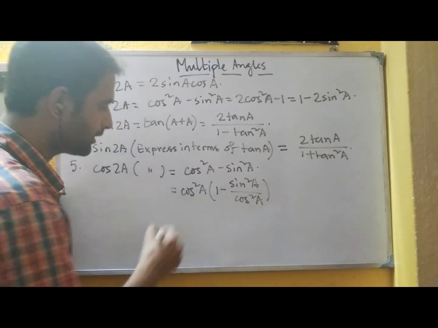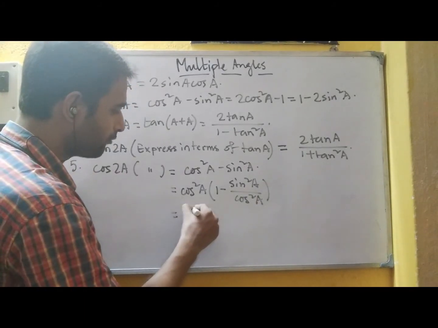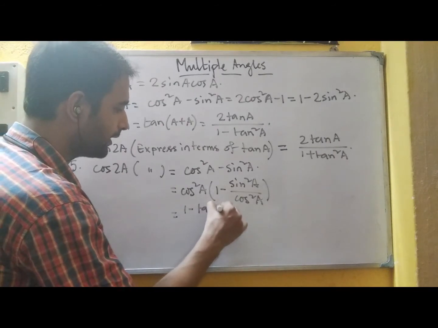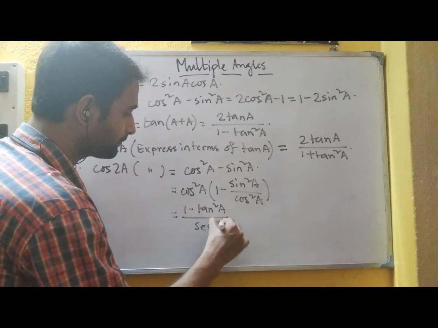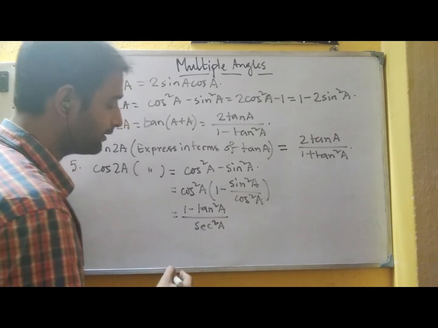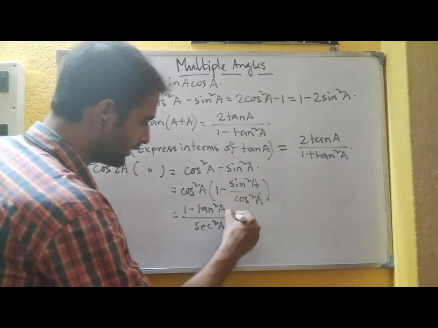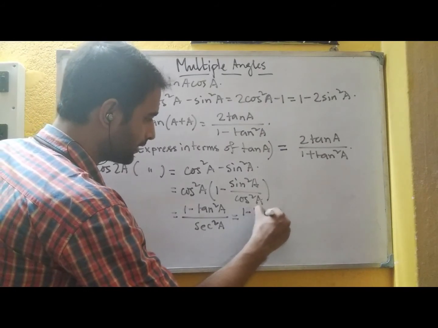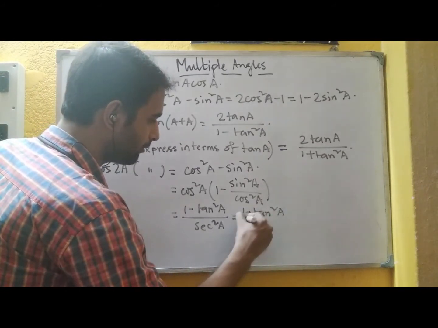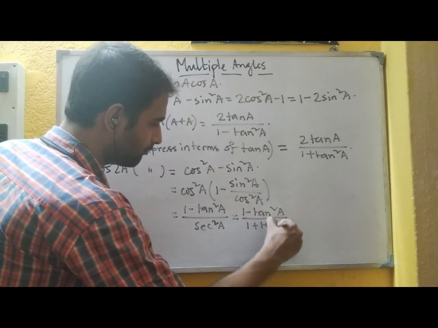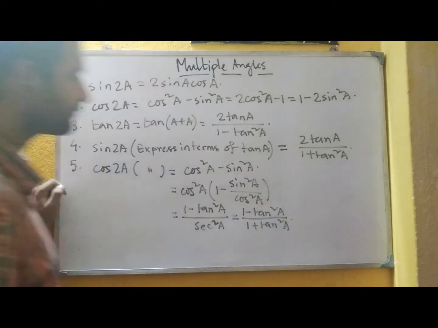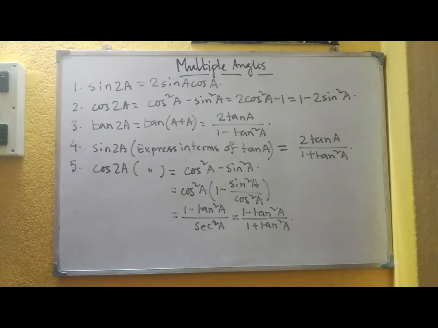And if it is the expression, then we can write it as 1 minus tan square A in the numerator, and in the denominator it is sec square A again. And as for the formula of sec square A, we can write 1 minus tan square A, the same in the numerator, and in the denominator it is 1 plus tan square A. So this is the formula for cos 2A in terms of tan A.